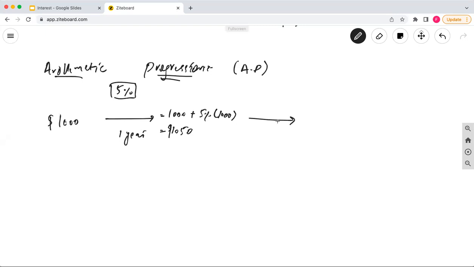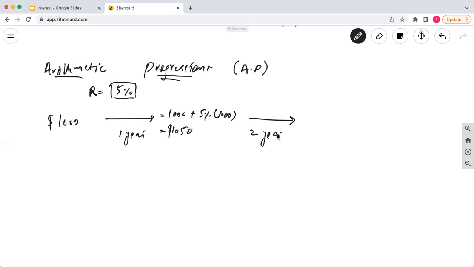Now at the end of the second year, what will be the final value? Anyone? Considering the rate of interest 5%, and for the time being I'm only considering the rate of interest per year, per annum, right?